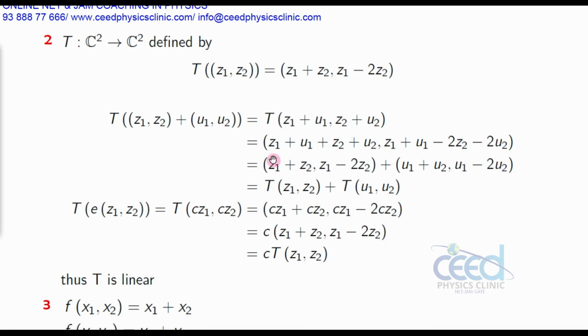So this is T of (z1, z2), and this is T of (u1, u2). So T of (z1, z2) plus (u1, u2) gives T of (z1, z2) plus T of (u1, u2).